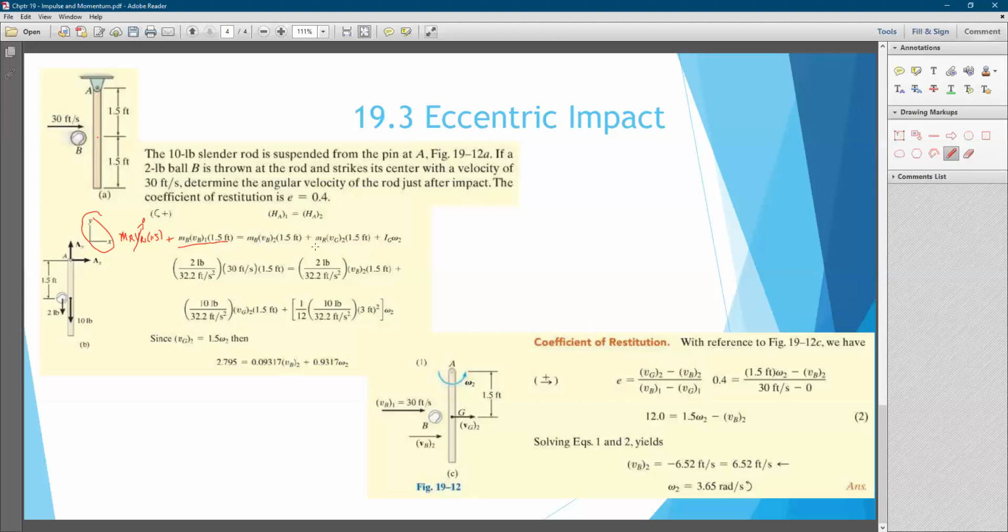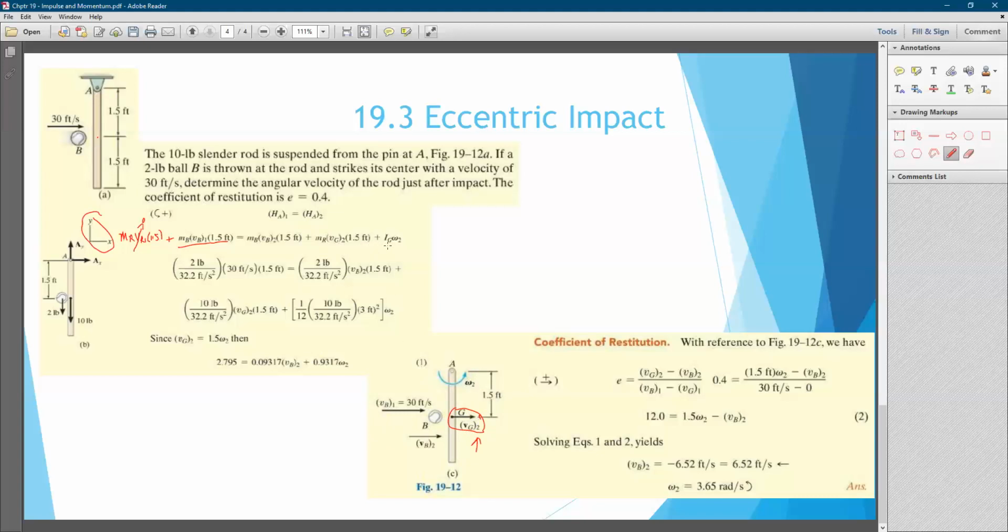Then what we have here is the motion of this rod at the speed of Vg, the speed at the center, this is our Vg2. Then the distance is also 1.5.